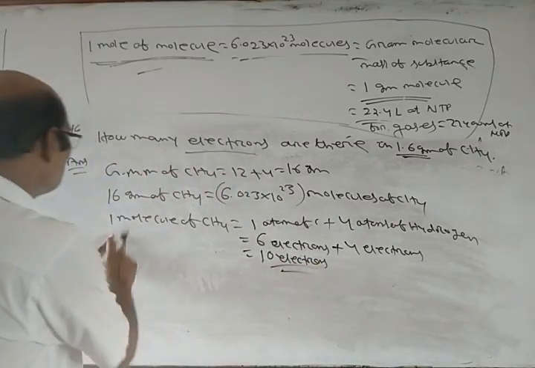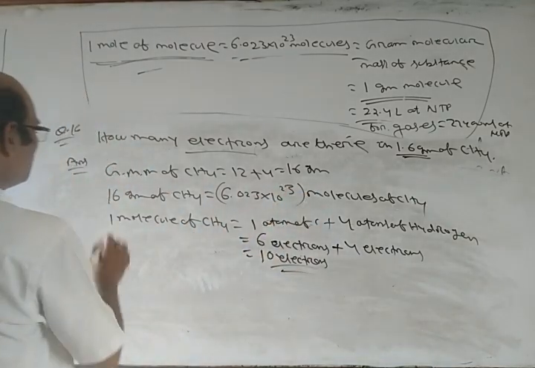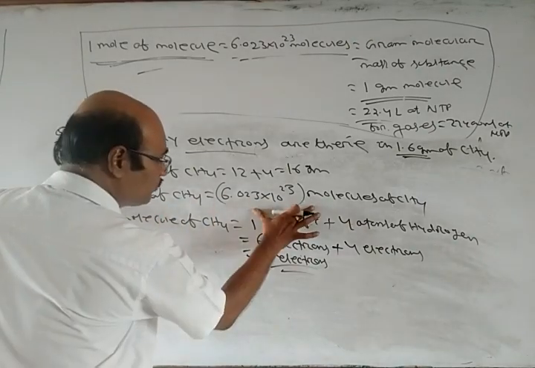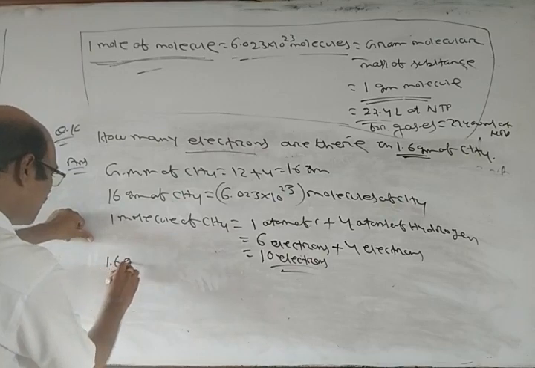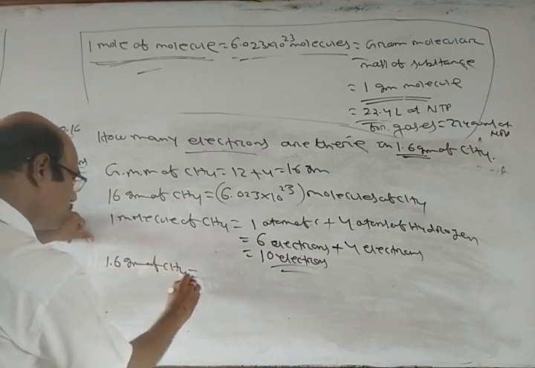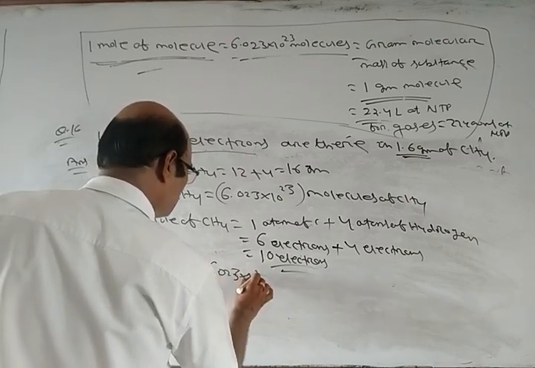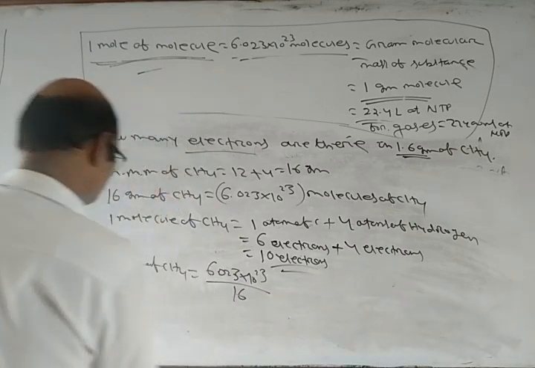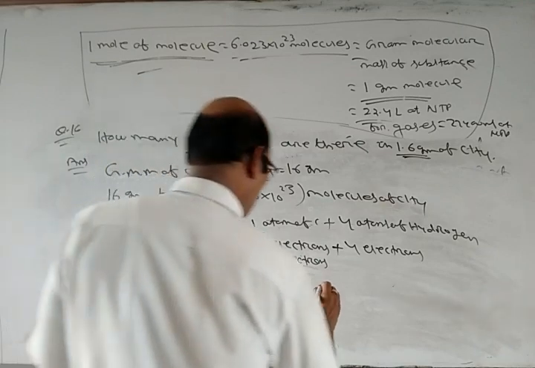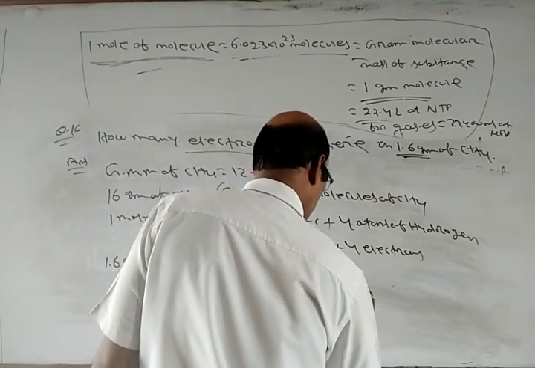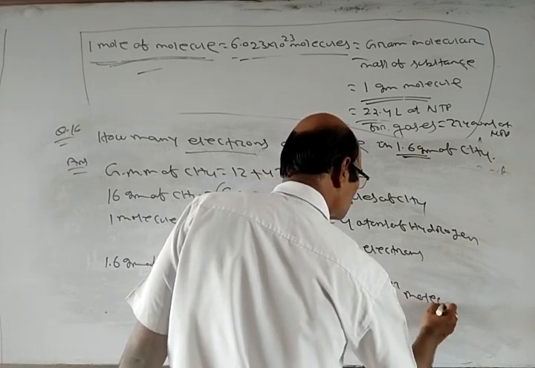So one molecule of methane contains 10 electrons. Now 16 gram of methane equal this much of molecule, and it is given how much? 1.6 gram. So 1.6 gram of methane is equal to 6.023 into 10 power 23 by 16 into 1.6, which is equal to 6.023 into 10 power 22 molecules.